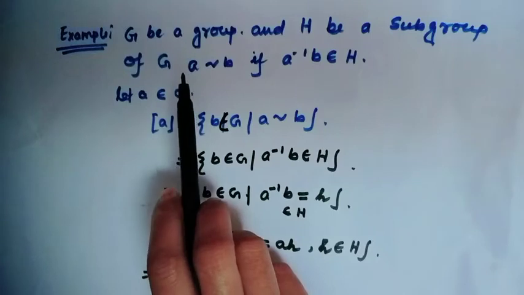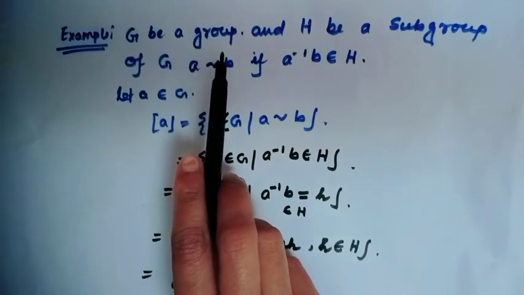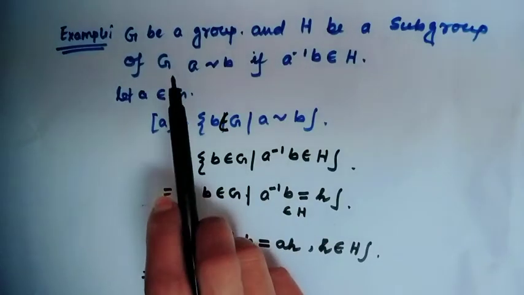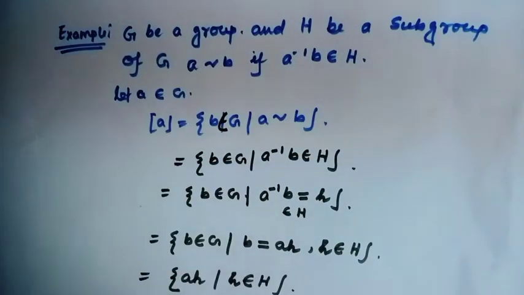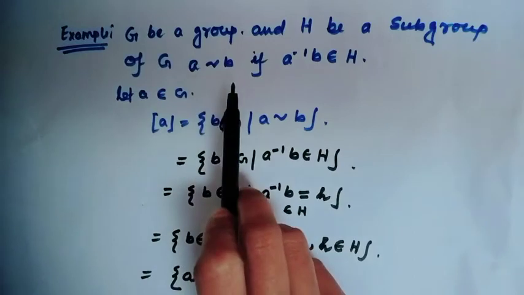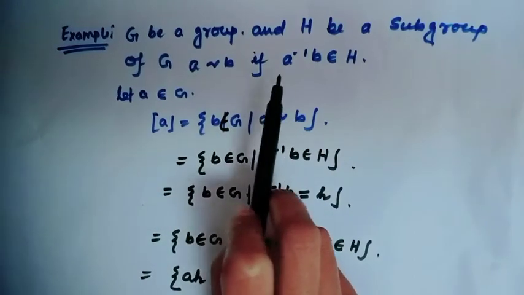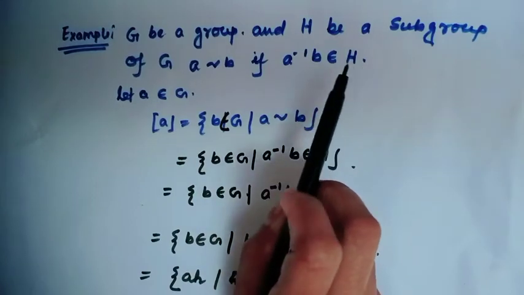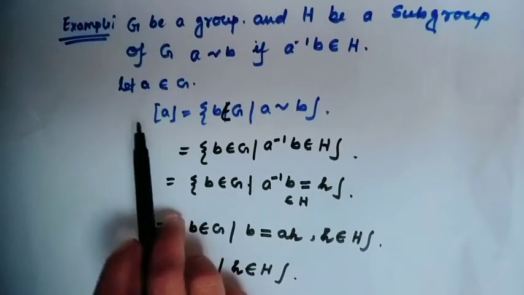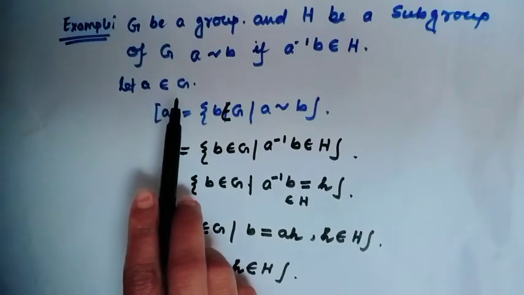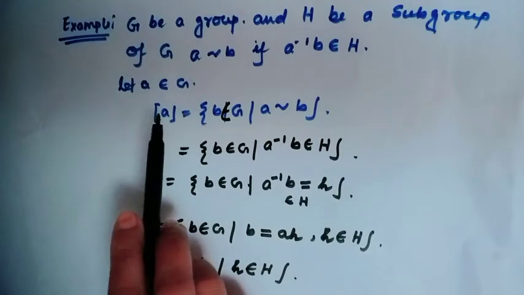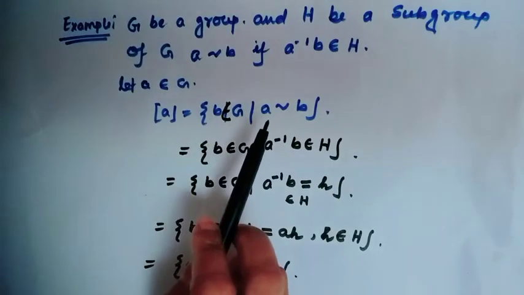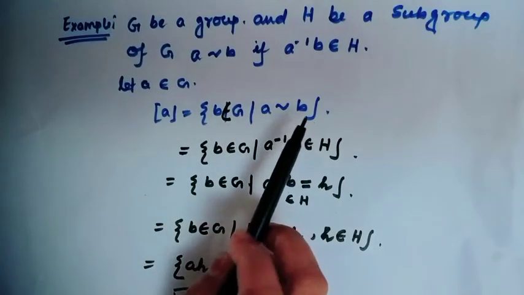Let's recall this example. Let G be a group and S a subgroup of G. Then a is related to b if a inverse b is a member of S. Let a be any member of G, then the class of a equals b in G such that a is equivalent to b.